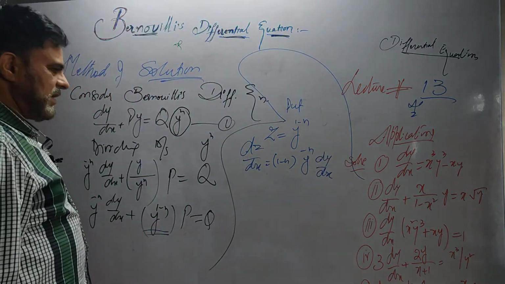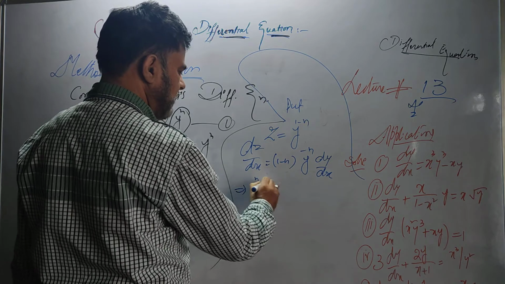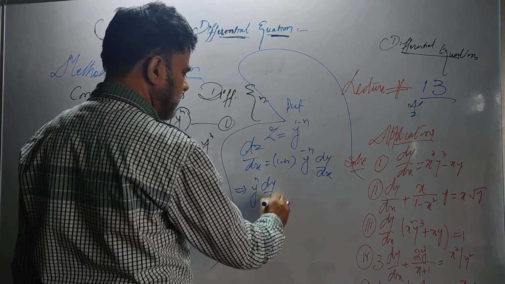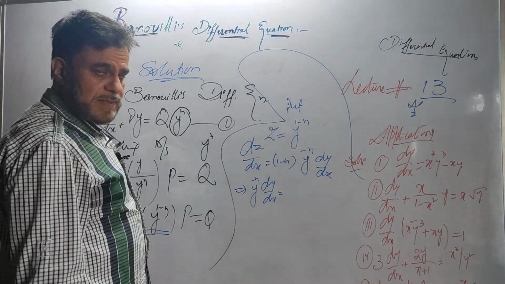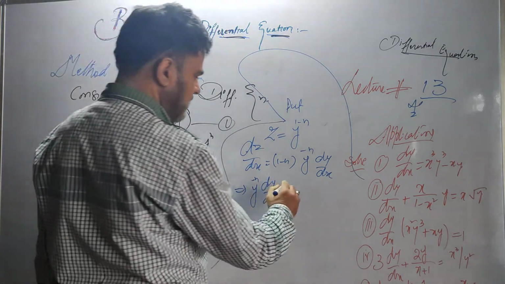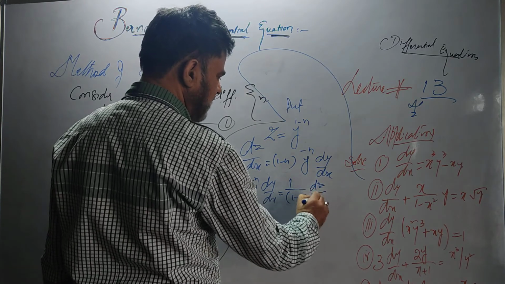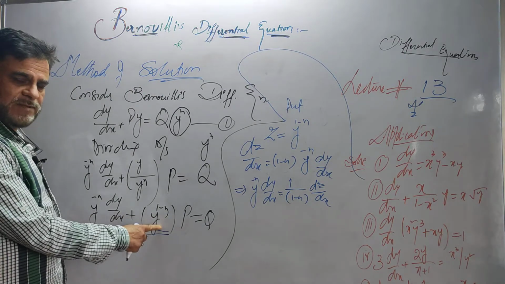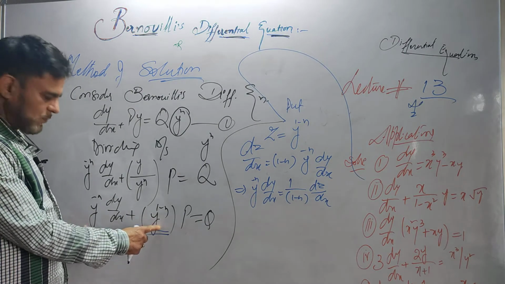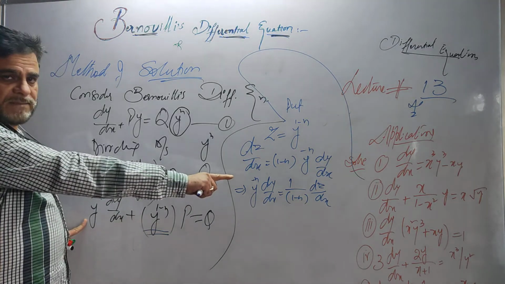That means y raised to the power minus n dy by dx is 1 upon 1 minus n dz by dx. So I have got this directly by putting it equal to a new variable z, or theta, whatever you put.